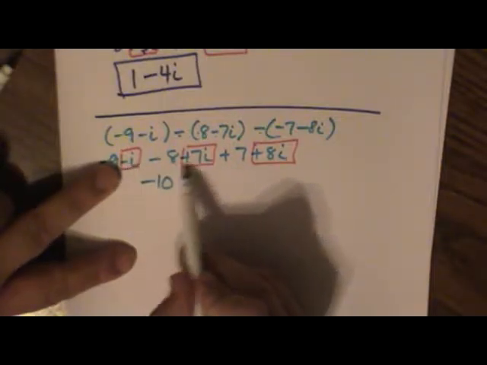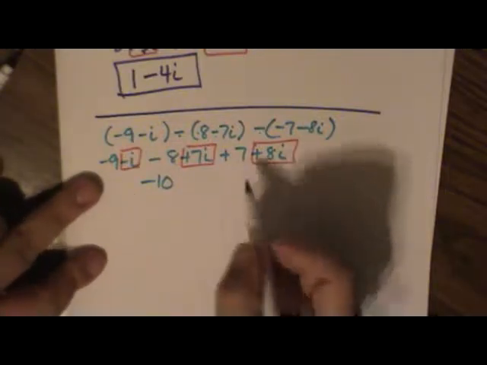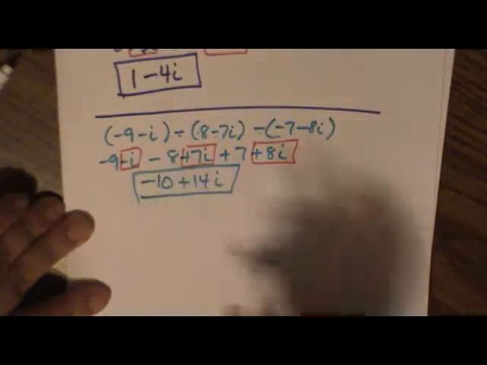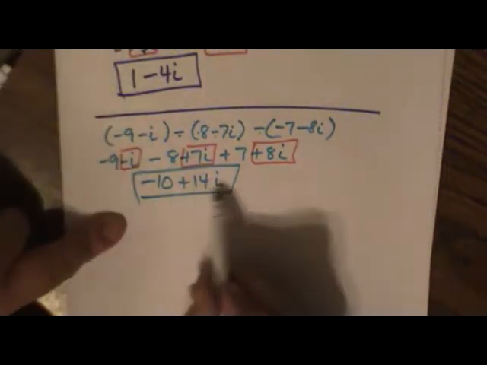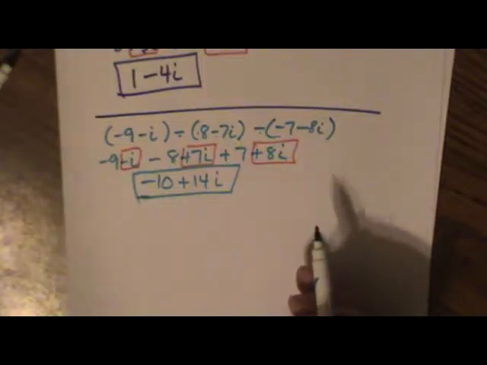So we have negative 1 plus 7, which is 6, plus 8, which is 14. And since they're both different, it's like having an x and a y here. They're not the same terms, so we can't combine those, and that's as far as we can go.